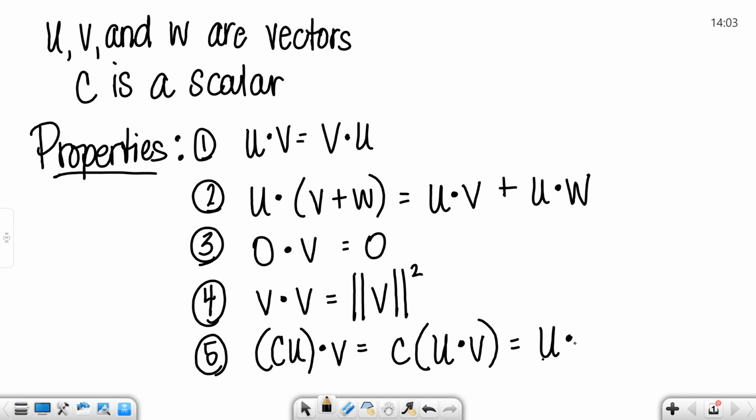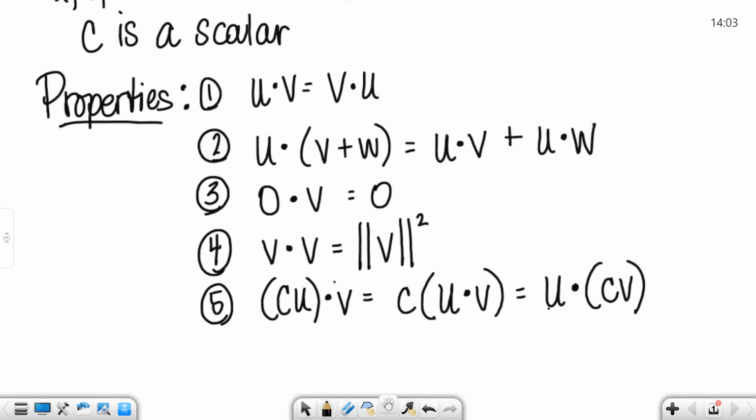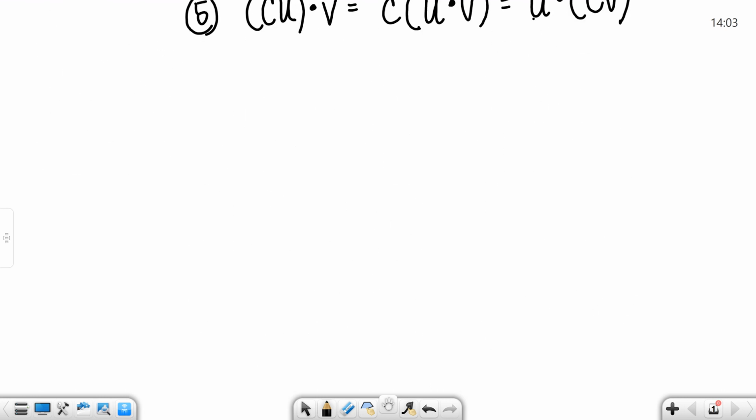Or you can multiply the other vector times the scalar and then do the dot product. So just be careful when you see that dot, don't just assume multiply. That dot, when we're working with vectors, means dot product. So we have to use that little rule every time.